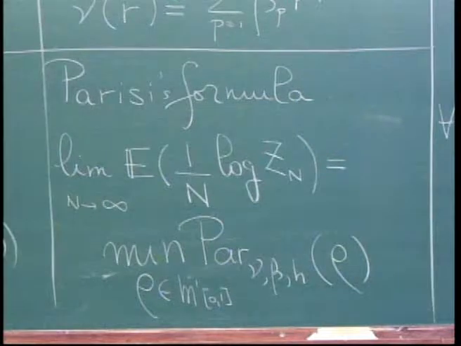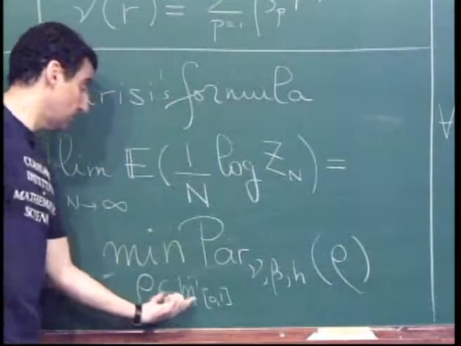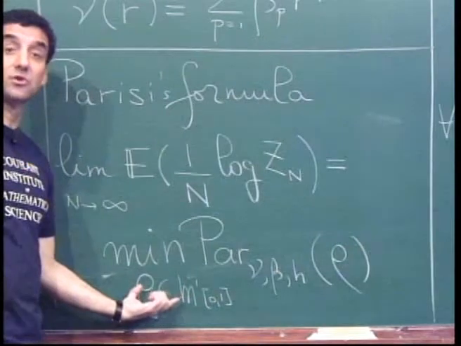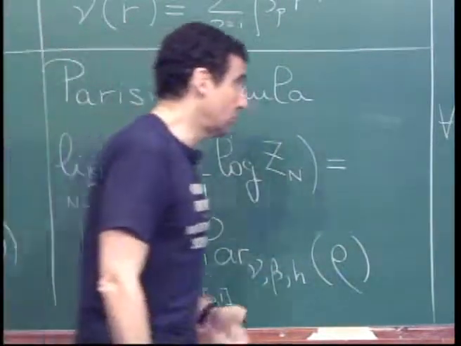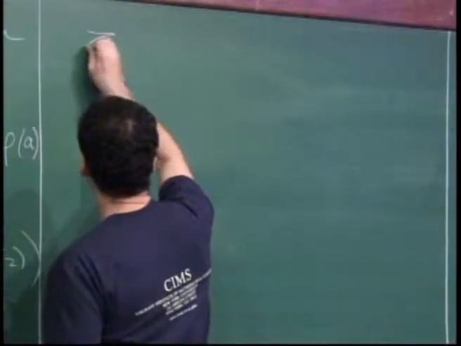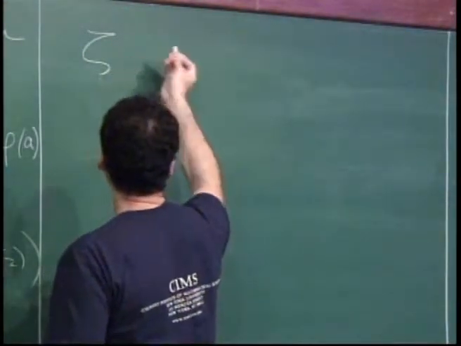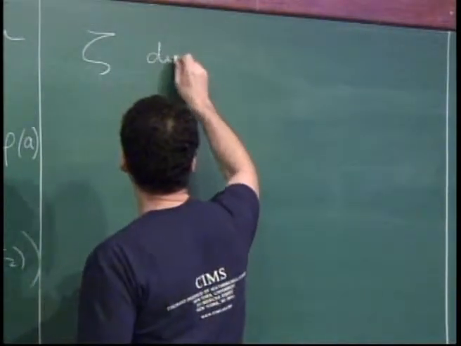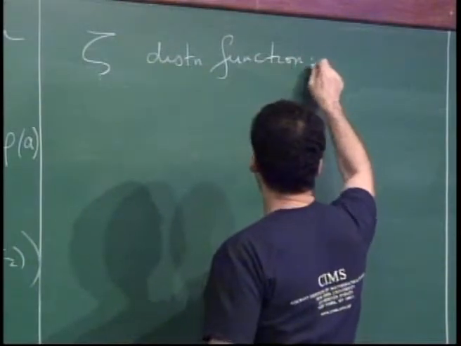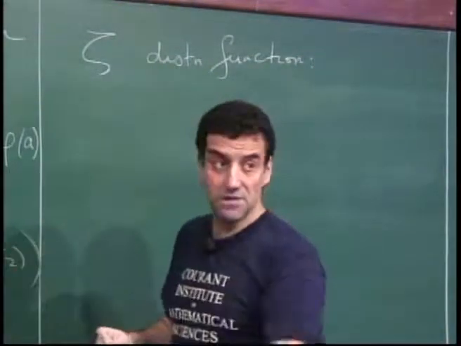Of course, I have to describe what this functional is. In fact, instead of describing rho as a probability measure, I could as well describe it as a distribution function, right? So instead of rho, I could consider, say, zeta of rho. Zeta is just the distribution function. So I could take the minimum over all zetas.